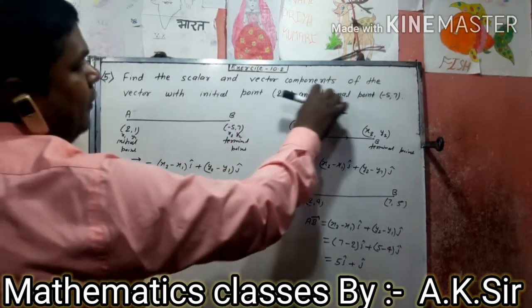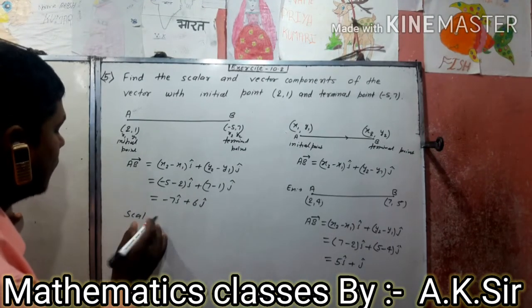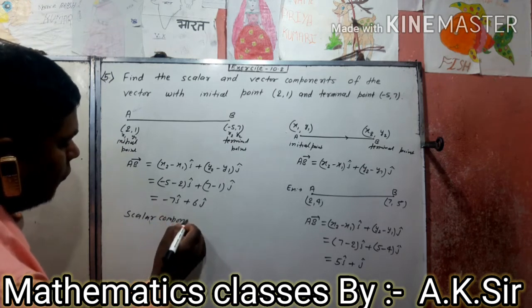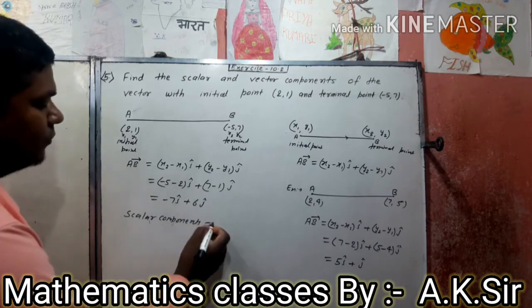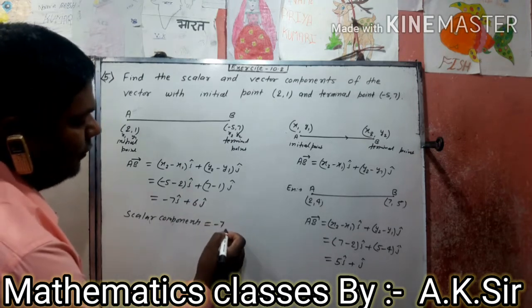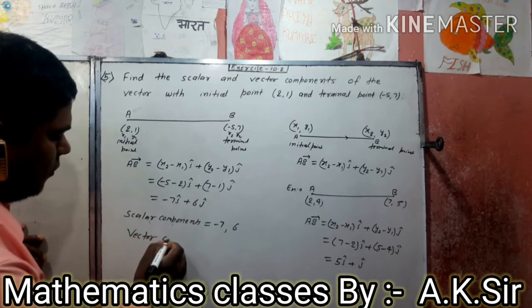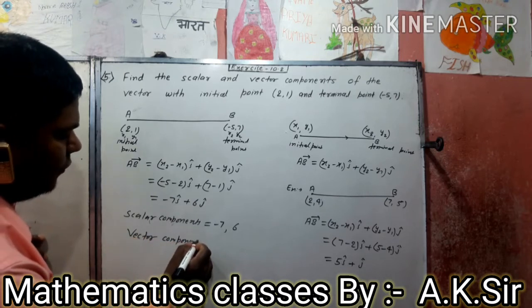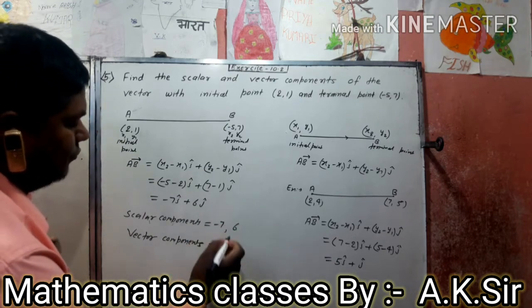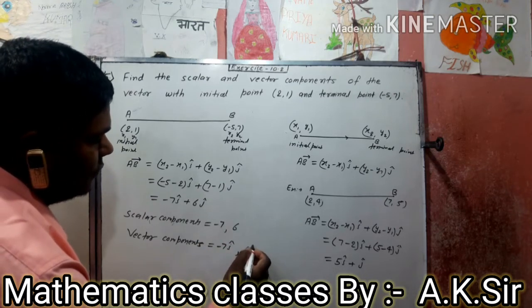Find the scalar and vector components. Scalar components are minus 7 and 6. Vector components are minus 7i cap and 6j cap.